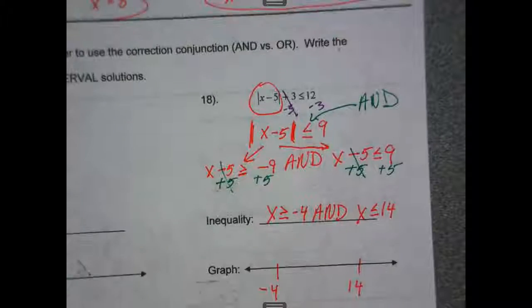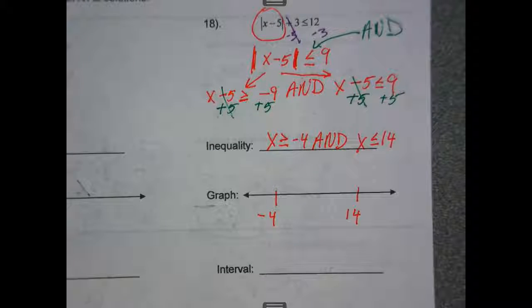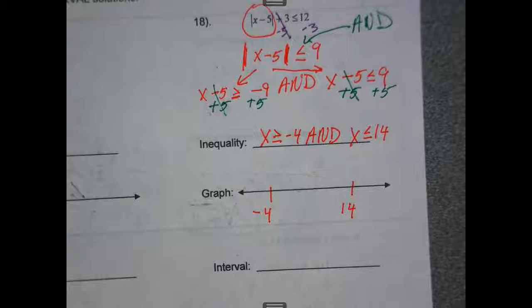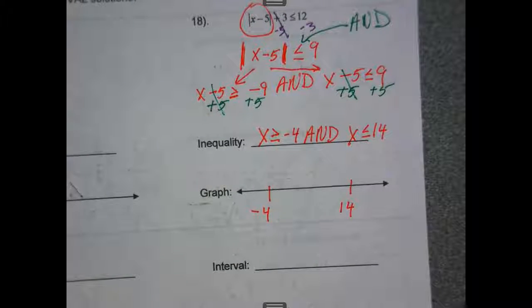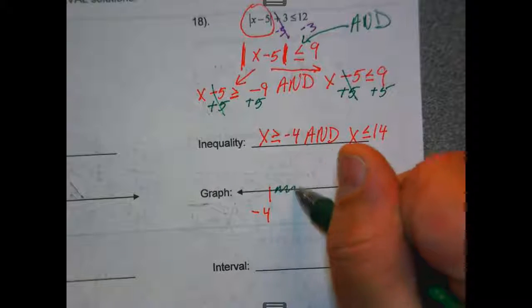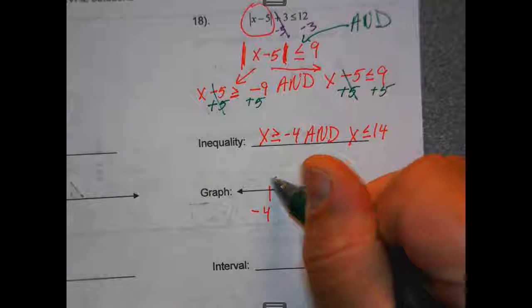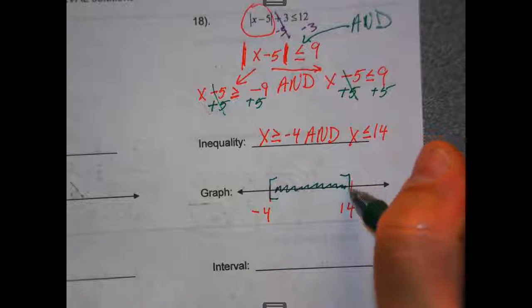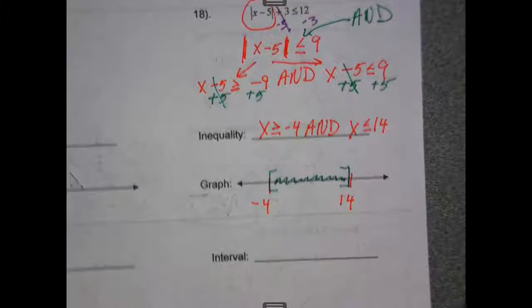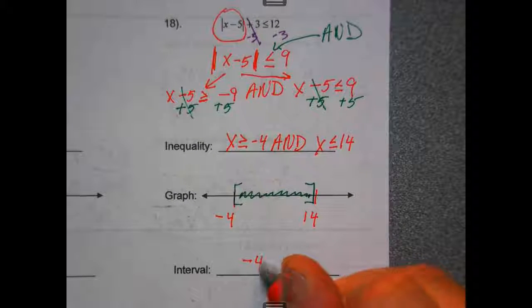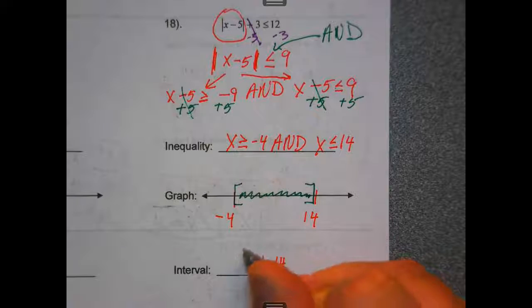And they're what kind of graphs? I never taught those kind of graphs in this class ever. They're in between. Okay, these get brackets or parentheses. Brackets because of the equal sign. What's the interval? Brackets or parentheses?